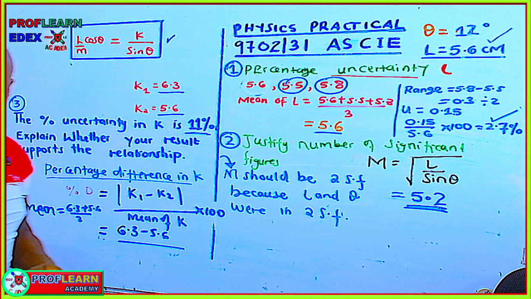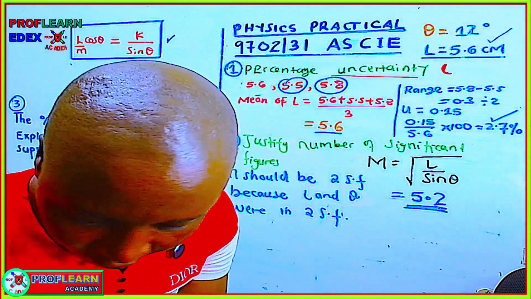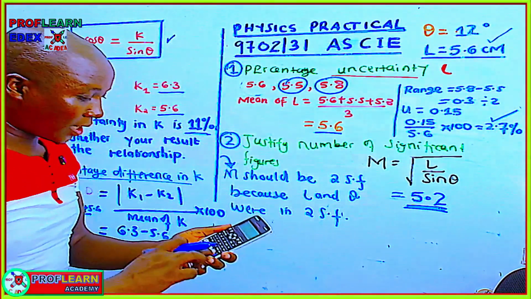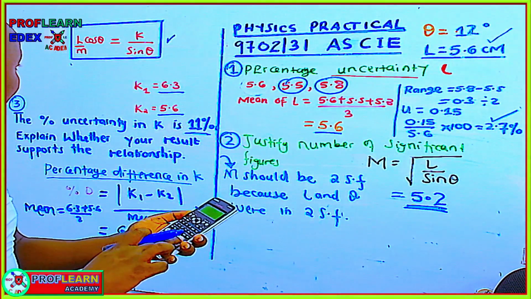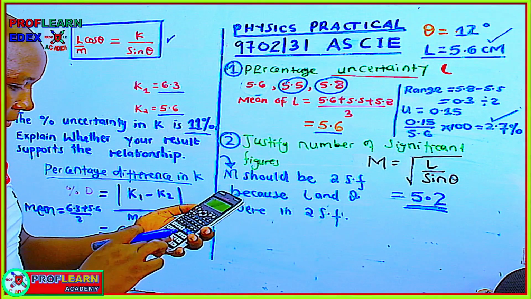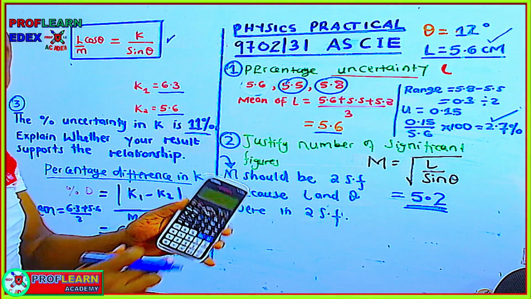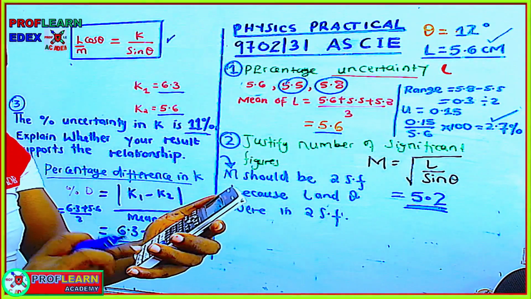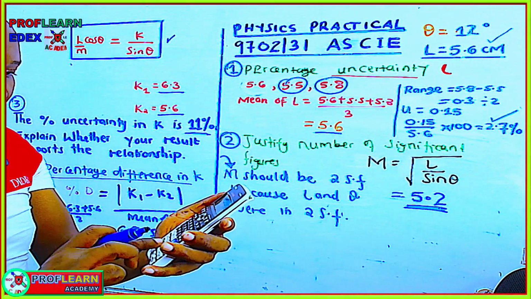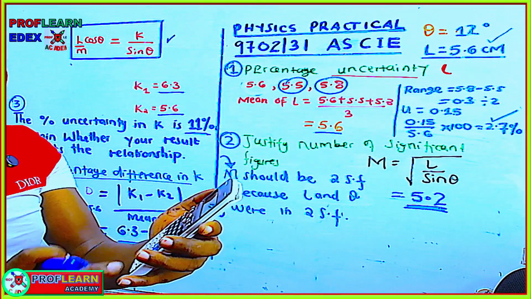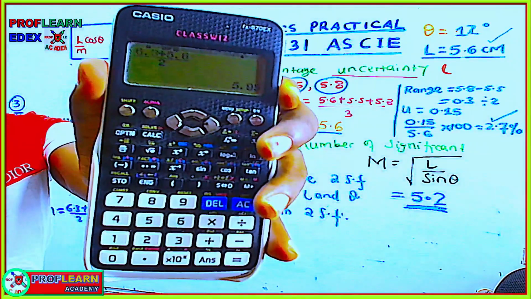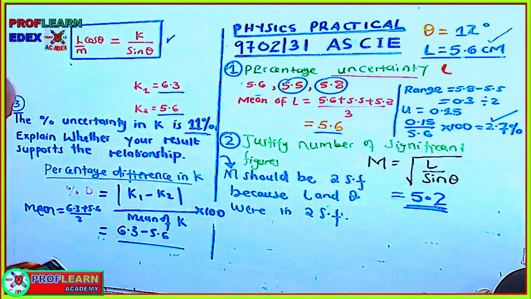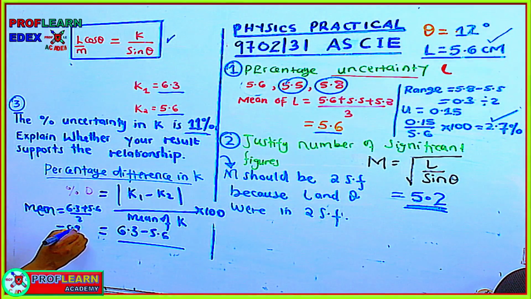What is it going to give you? Yes, put it in your calculator. 6.3 plus 5.6 divided by 2. If you work out the mean, you are going to get 5.95. So the mean is 5.95.